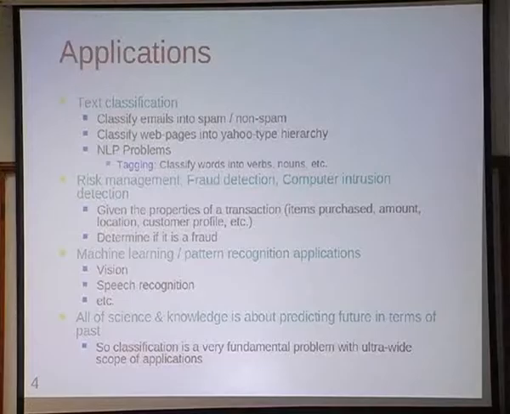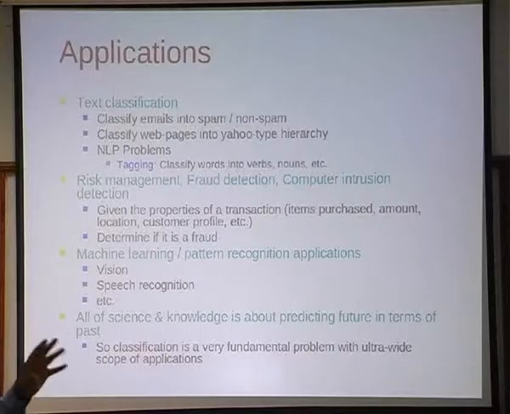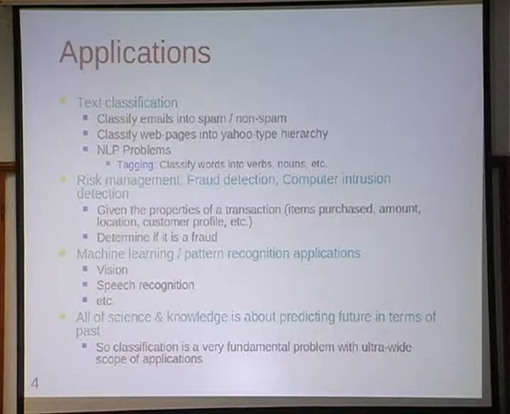Now, one of the major applications of classification where it has been applied in the past is in a whole lot of fraud detection applications. So fraud detection in terms of computer intrusion detection, where a hacker comes into the computer. There's a program running in the computer which detects the patterns of usage.